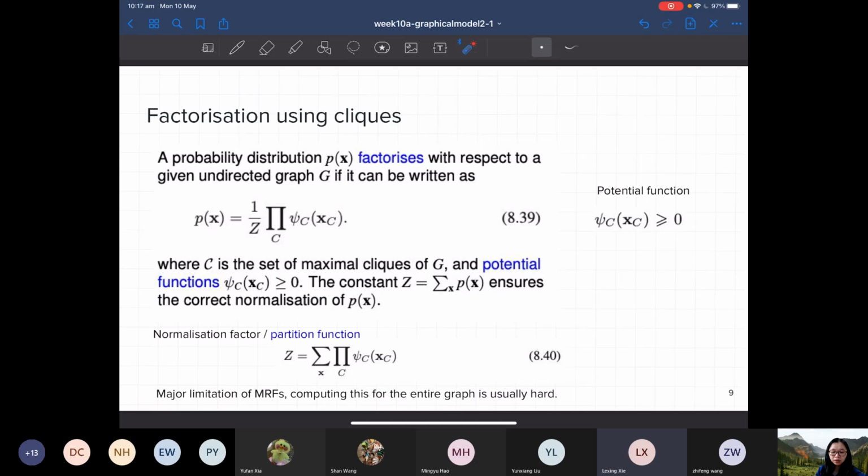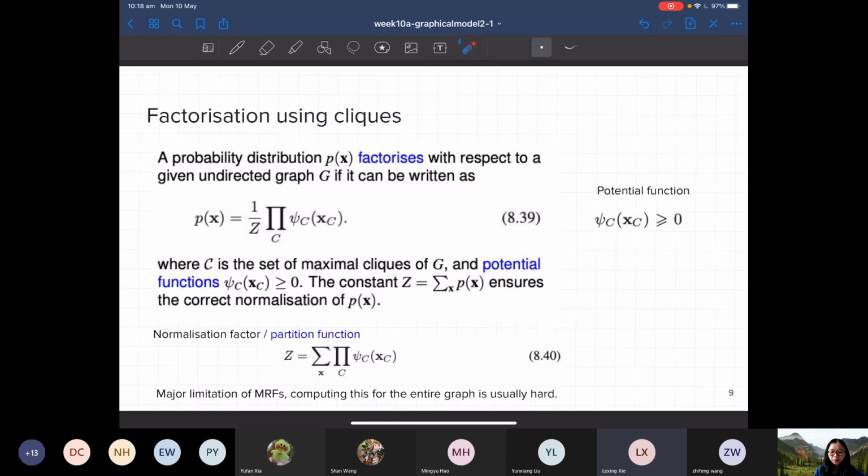And the normalization factor Z is also called the partition function. Here's another thing about these names: potential functions are functions, but the partition function is itself a constant. It's a number, not a function, and it's marginalized over all configurations of X. As we hinted in the sampling session, evaluating the partition function is often hard, especially when there are cliques of non-trivial size or P of X with many X's.